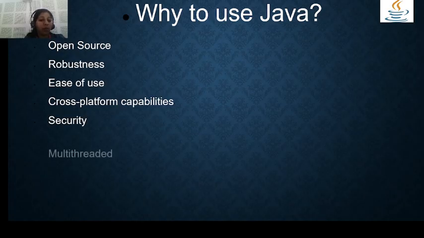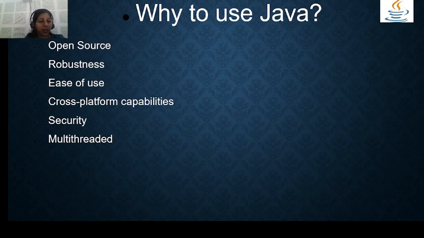Also Java provides security. Any programming language needs to be secure when we are developing with it, so Java offers a large set of APIs, tools, and implementations of security algorithms and mechanisms. Next is multi-threaded.